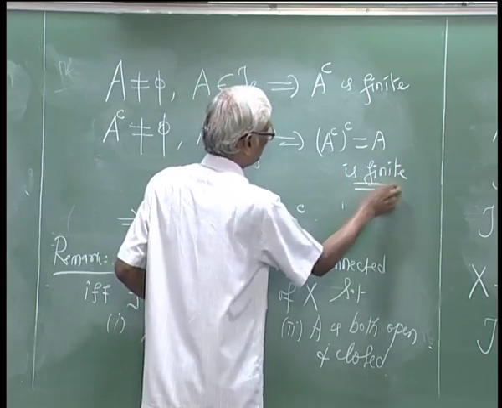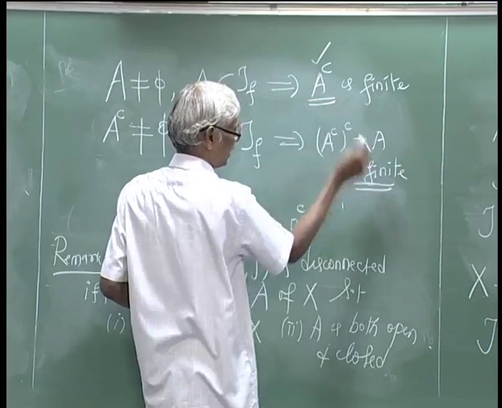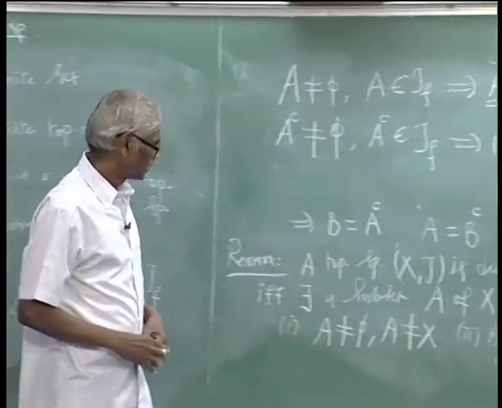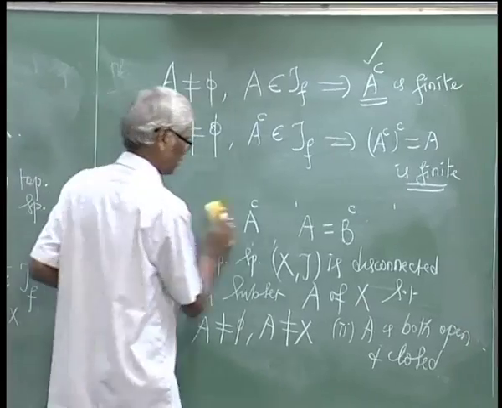So, we have A complement is finite and A is finite, that will imply this union.